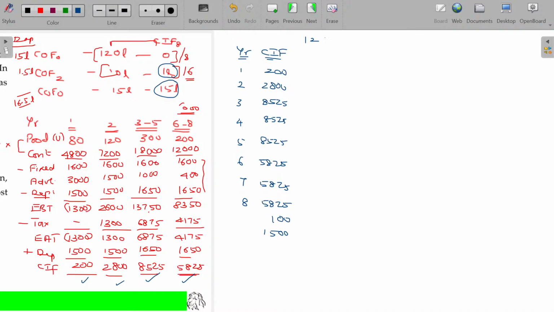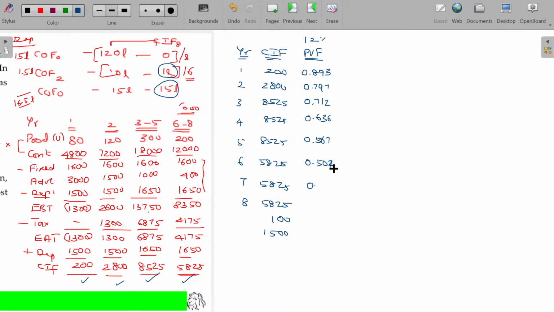Now you have to find out the 12% PV factor. Come on, tell me the 12% PV factor. Take 3 digits. 0.893, 0.797, 0.712, 0.636, 0.567, 0.507, this one, right?